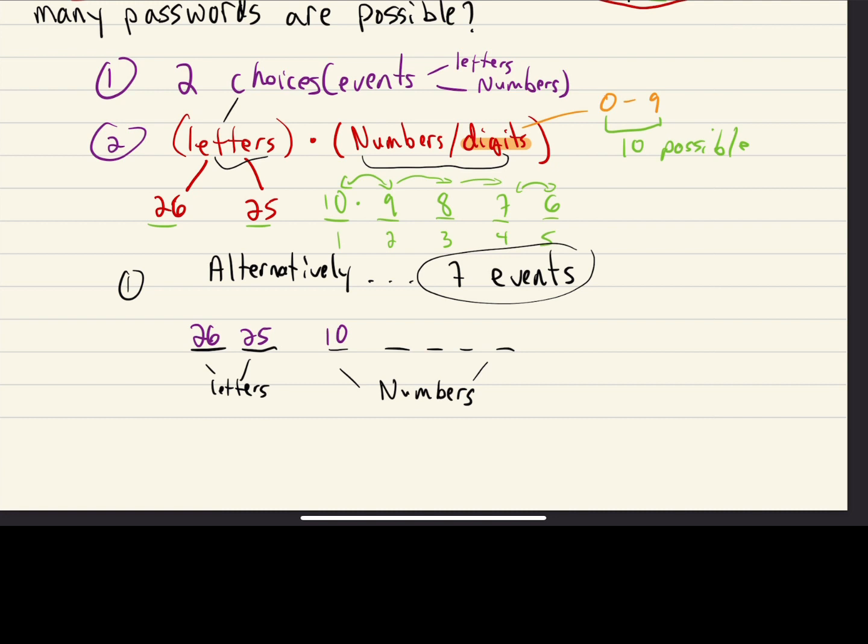And then once we chose that, the fourth event, we only had 9 choices left, which then for the fifth event left us only with 8 choices left since we can't repeat. The sixth event left us only with 7 choices, again, since we can't repeat the first numbers that were initially stated. And then the seventh event, we only had 6 choices left, since, of course, none of these can be repeated.